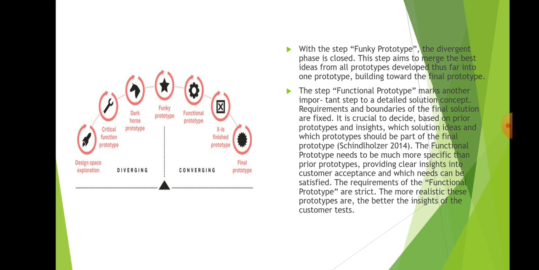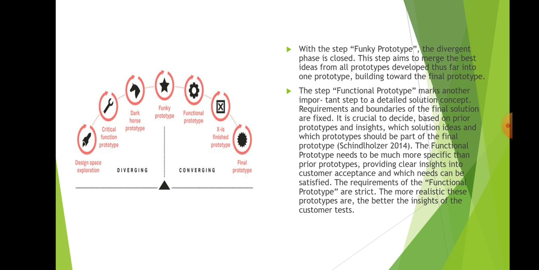With the step funky prototype, the divergent phase is closed. This step aims to merge the best ideas from all prototypes developed thus far into one prototype, building towards the final prototype. The next step, functional prototype, marks another important step to a detailed solution concept.